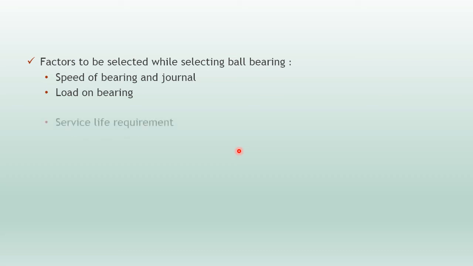Okay, then another factor is you have to consider the service life requirement, whether it is required for a nominal service life of 1 year or 5 years or 10 years and so on. Okay, so you have to consider the maximum service life for that specific application.